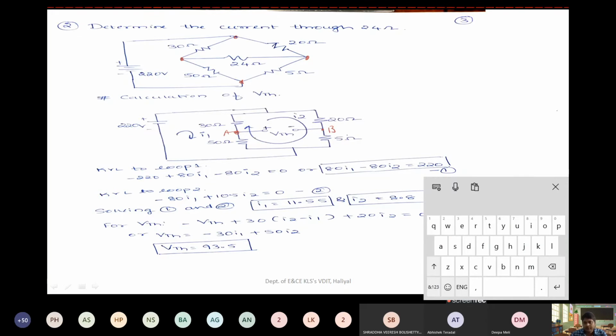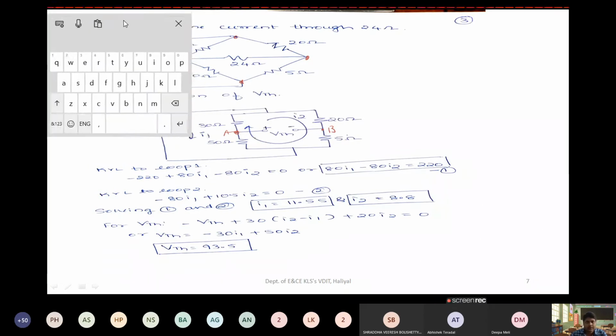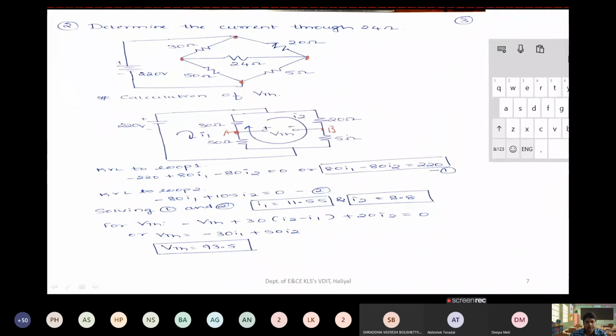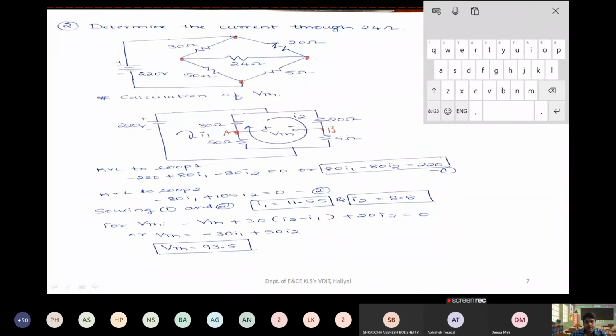So this VTH is nothing but I can define with this circuit as VA minus VB also.